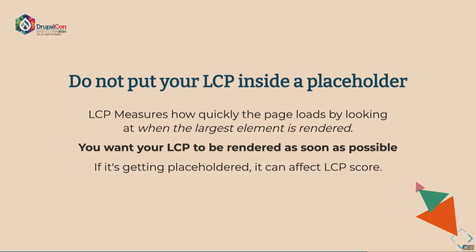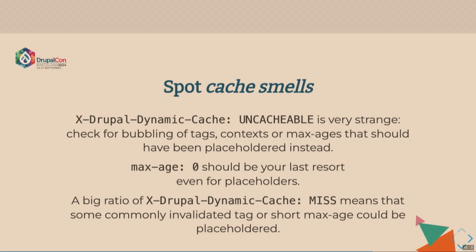If you happen to put your LCP inside, which can be, I don't know, a hero or a large image, etc. It depends. You have to look at your page, and you have tools that you can use. But if it happens to be inside of a placeholder, you might be having bad LCP results. So this is one thing to check, one action you can take.